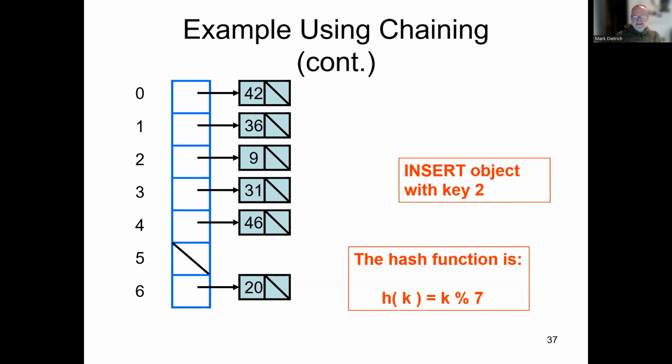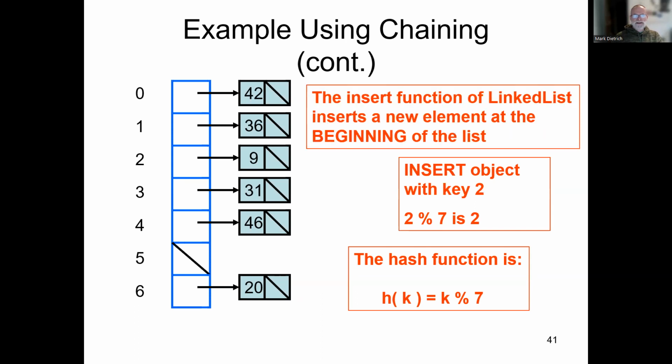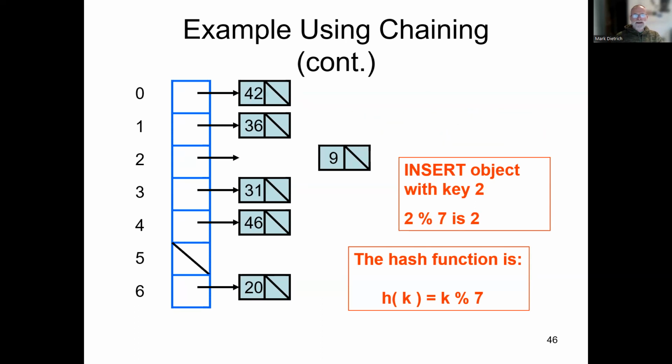Now we need to insert key 2, and 2 modded by 7 is 2, but look, we already have an element in the 2 bucket, and that's key number 9, but we don't care in this case because we will simply handle this collision by moving 9 and inserting 2 at the beginning of that linked list, and that makes that collision very neatly handled.